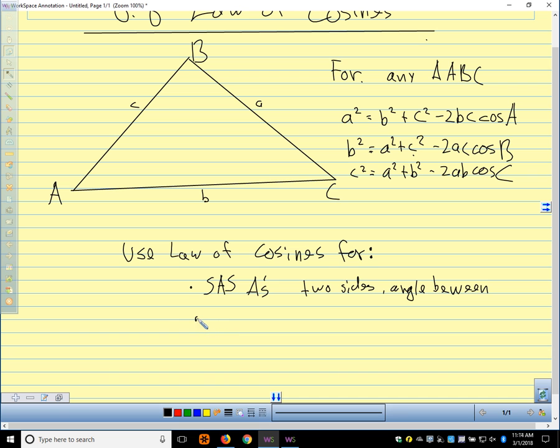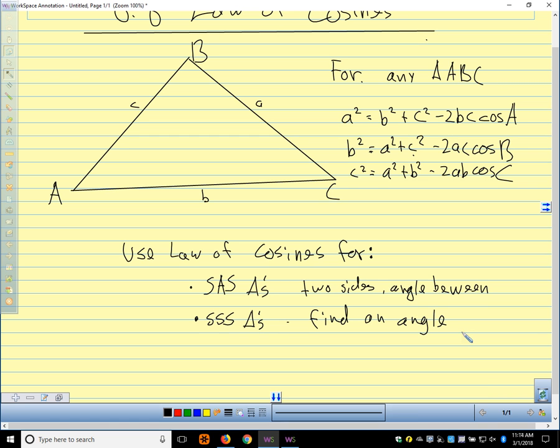Or we use it for side, side, side triangles, and when we have a side, side, side triangle, we use it to find an angle. So between the law of sines and the law of cosines, we can use some formula to figure out things about our triangles for any kind of triangle that we have.